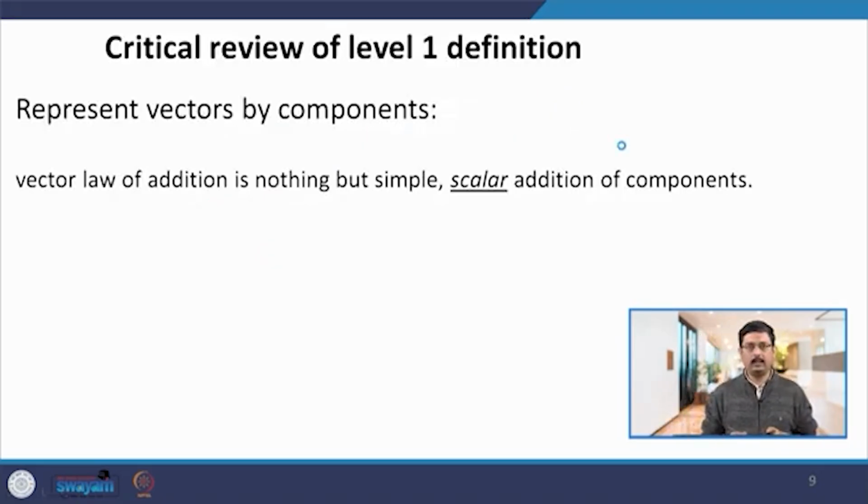Now, I will argue that we can represent vectors in component notation, and if we do, then the vector law of addition is nothing but simple scalar addition of components. What do I mean by that? Let us do the same thing again.